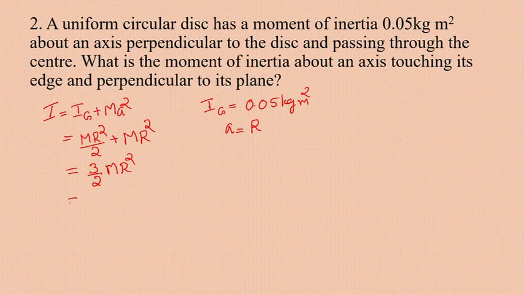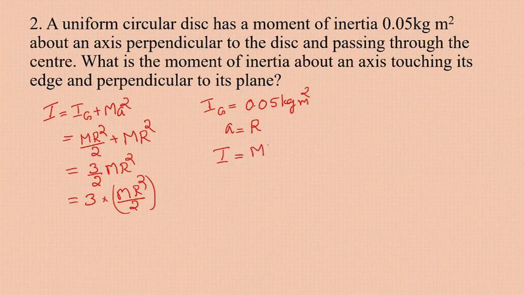Again, let me write 3 into M R square by 2. Even though we are given the value of Ig directly, we know the expression for Ig: M R square by 2.